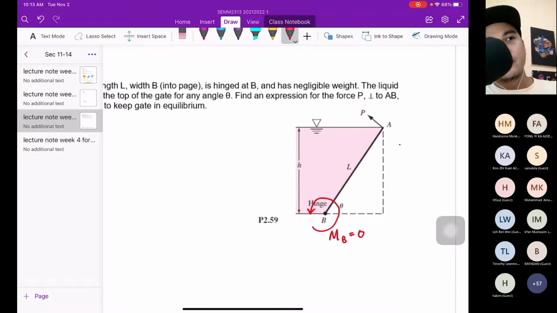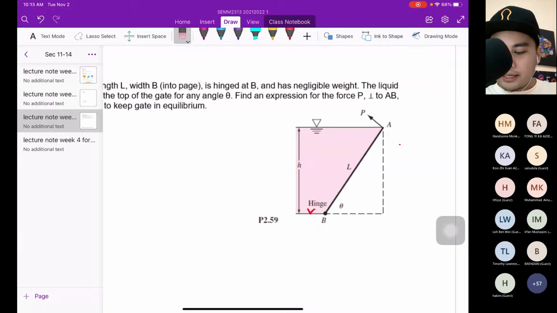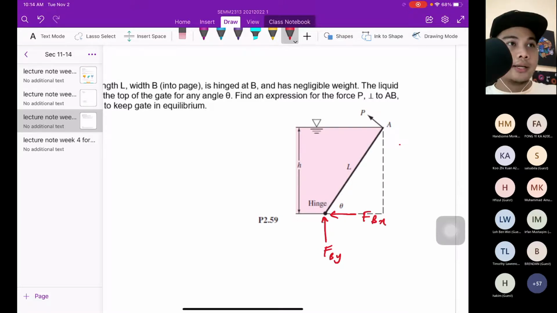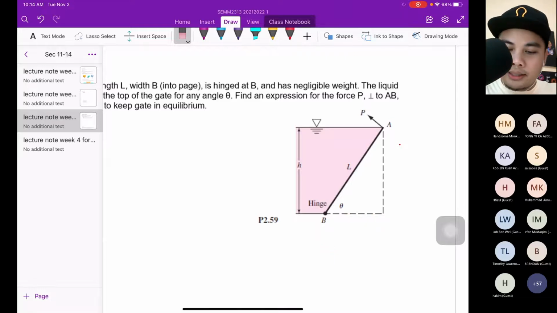Yes, correct. At B, if we don't apply the moment at B, we have to consider the reaction force, which is FB in the Y direction and FB in the X direction. If we consider the moment at point B, automatically it is 0.